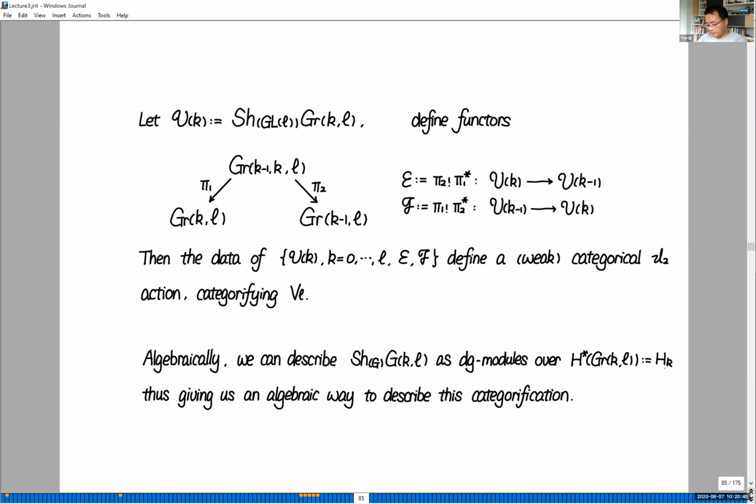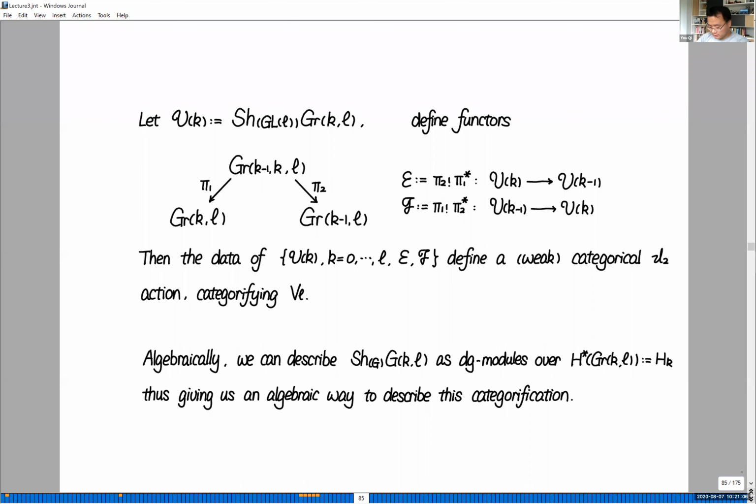Because this ring is always evenly graded, it's always a formal DG algebra. So you can describe any sheaf here as DG modules over H_K, and forget about the differential because it's formal.